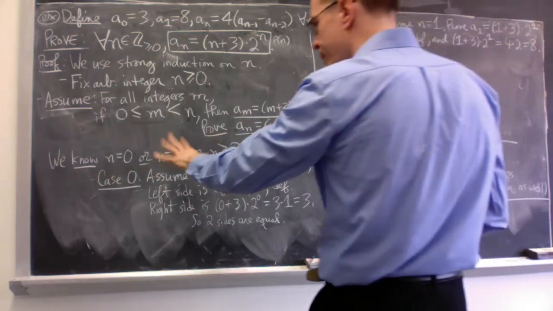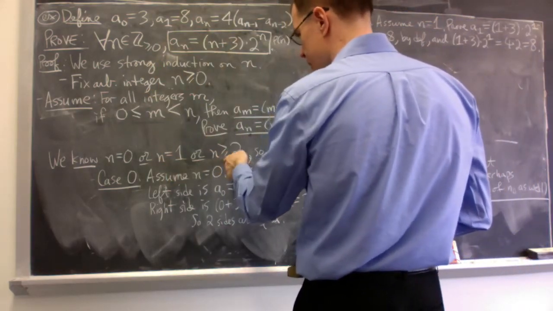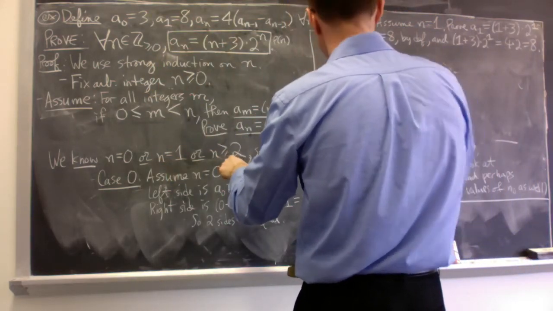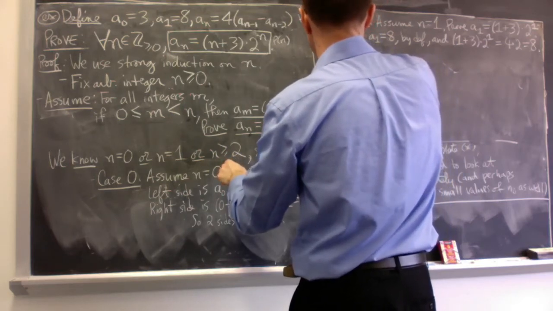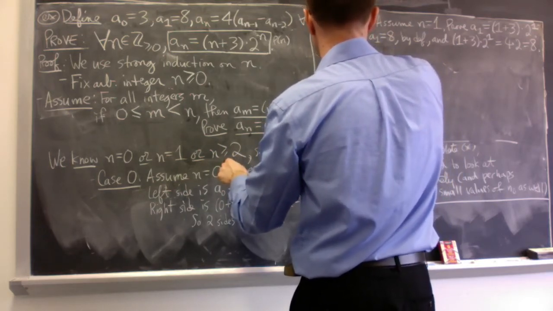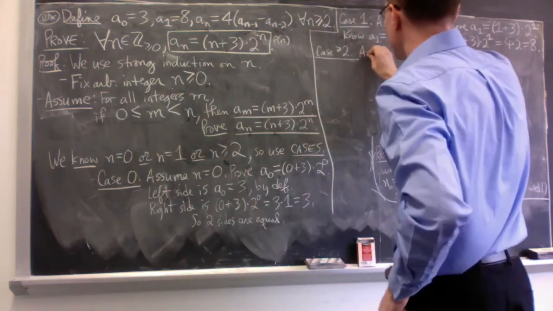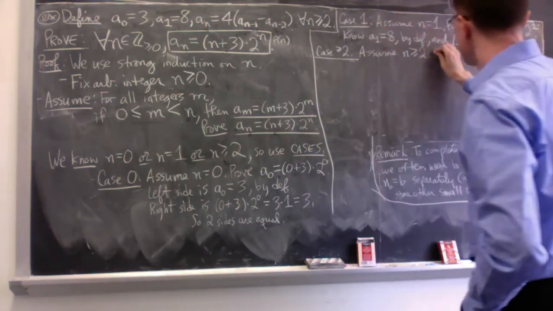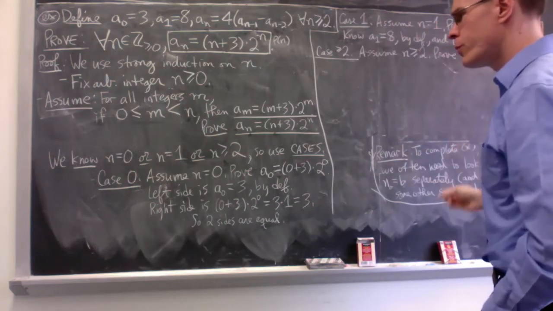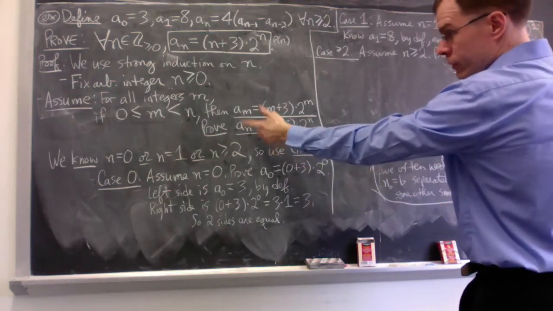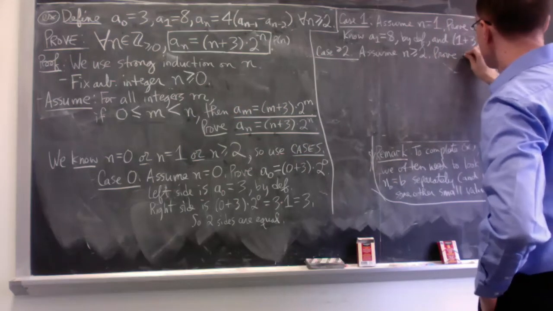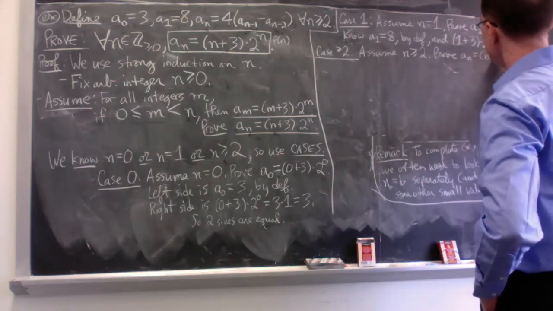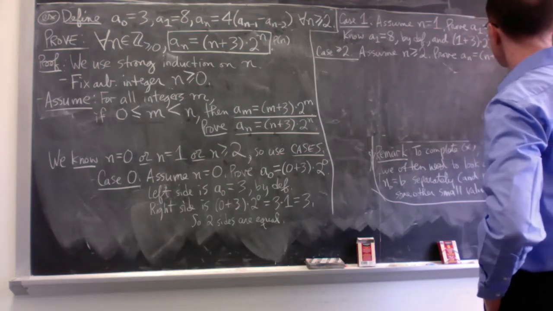And now sort of the main case that's not the base case, it's like the actual induction step, is this case, called case 2, or case greater than or equal to 2 if you want. Assume n greater than or equal to 2. And see if we can prove the goal. This is still the goal in all the cases. an equals n plus 3 times 2 to the n.